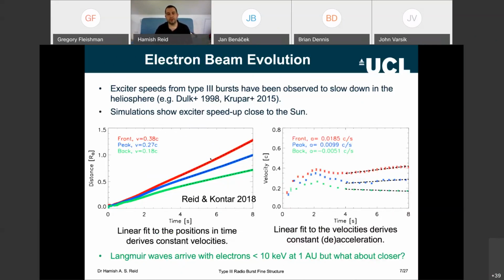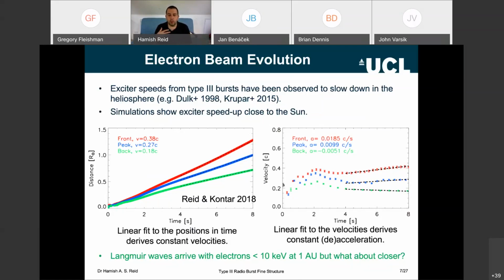But some recent observations, and I've highlighted some of the plots from it there, have shown that if you simulate this, you can get a velocity increase close to the sun, although this velocity increase has not really been found using the higher frequency type 3 observations yet.